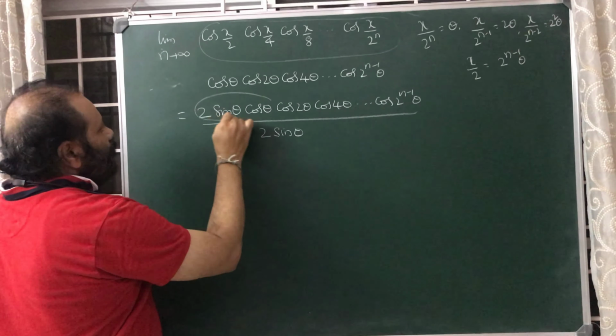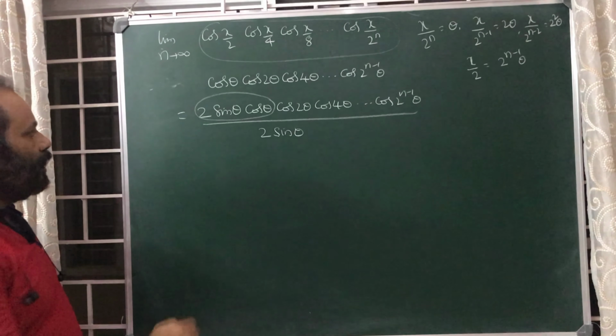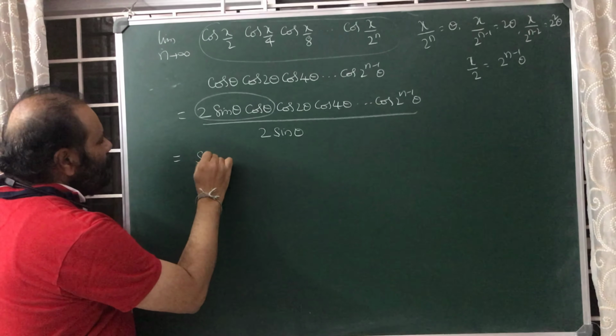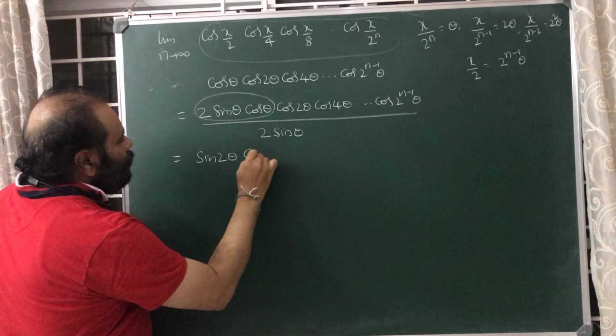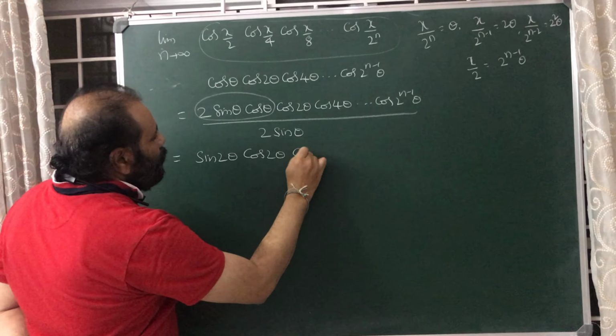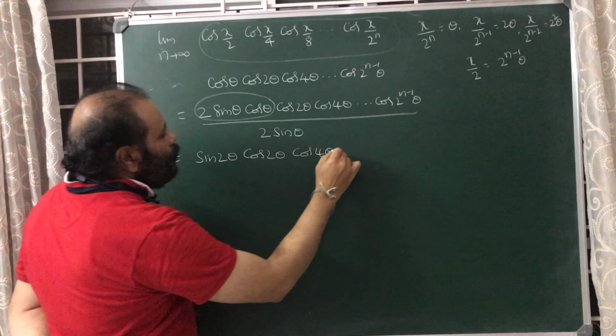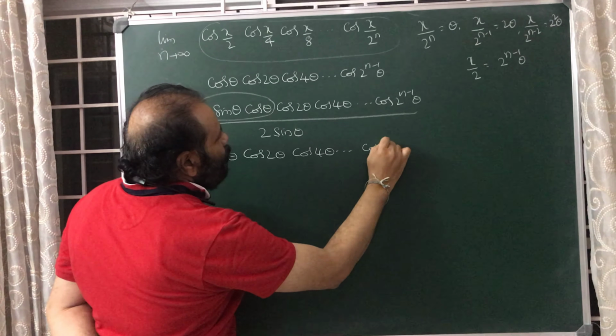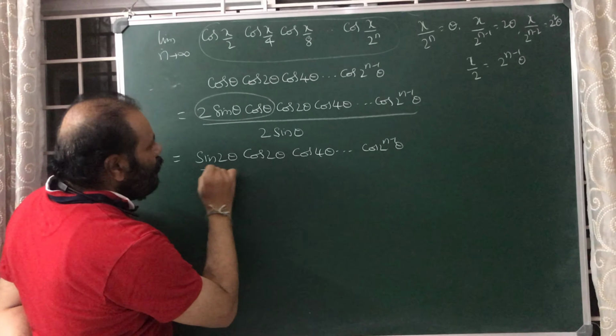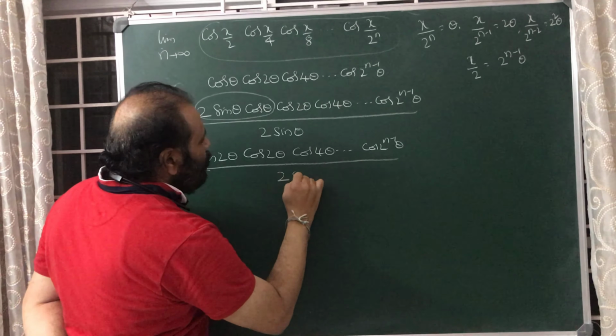Now 2 sin theta cos theta is equal to sin 2 theta. So that it will become sin 2 theta cos 2 theta cos 4 theta and so on, cos 2 power n minus 1 into theta, divided by 2 sin theta.